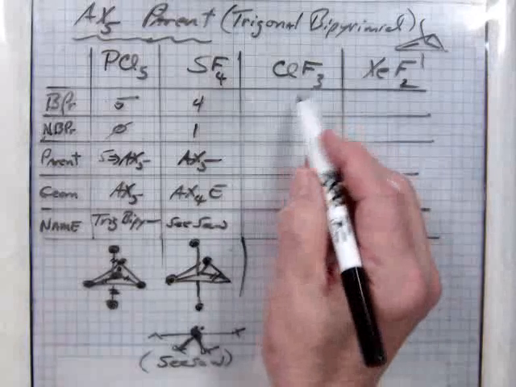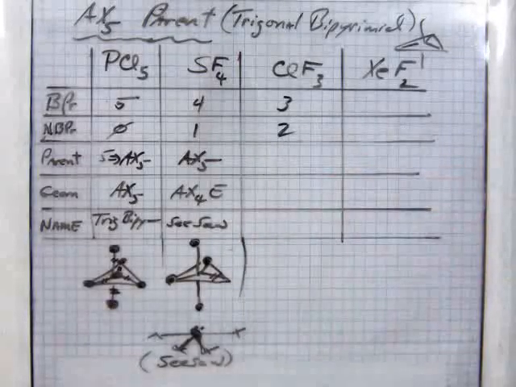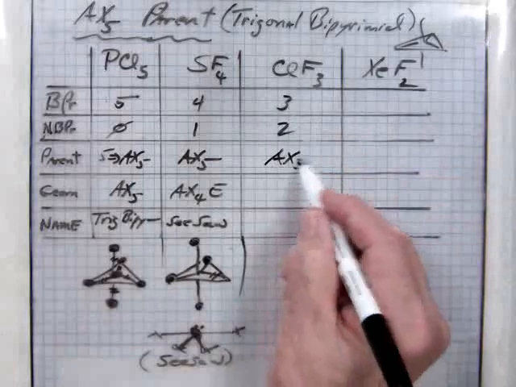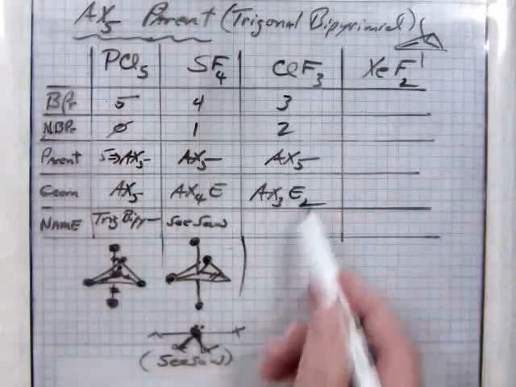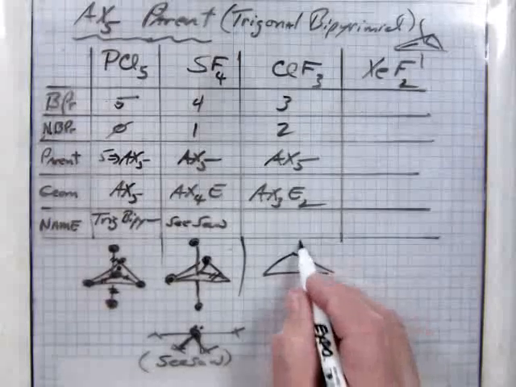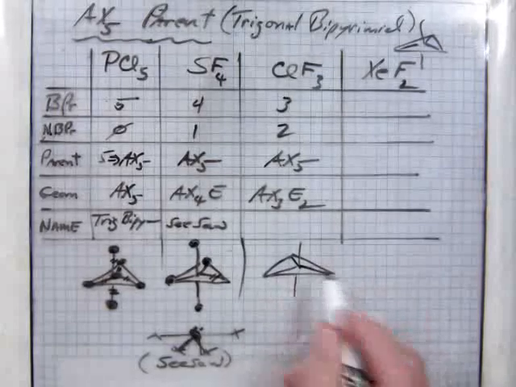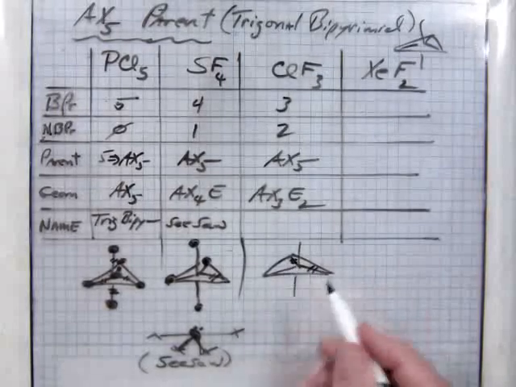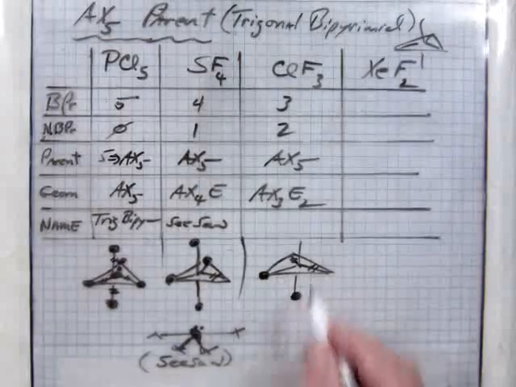This one has 3 bonded pairs and 2 non-bonded pairs. It's still an AX5 parent, but it's an AX3E2. And so when you start putting electrons into this, electron non-bonded pairs, they have to go into the plane, so you'll have 2 non-bonded pairs in the plane, and then you have your substrates here.